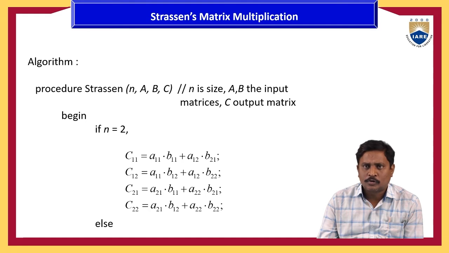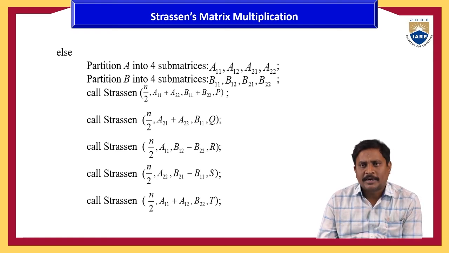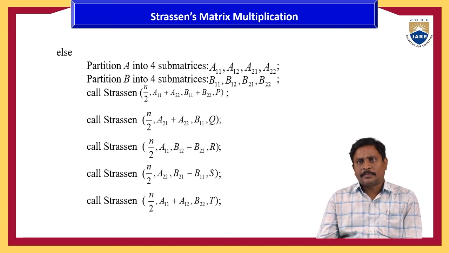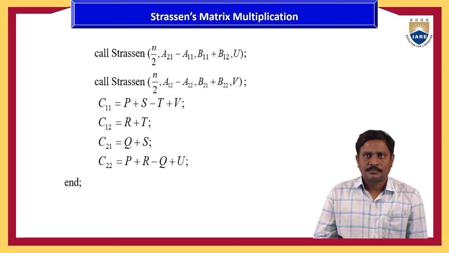You begin: if n equals 2, calculate the C11, C12, C21, C22 values. If the n value is more than that, we split the matrix into submatrices and calculate them. That is why we call the Strassen's matrix multiplication function recursively, dividing the matrices into n by 2 submatrices.